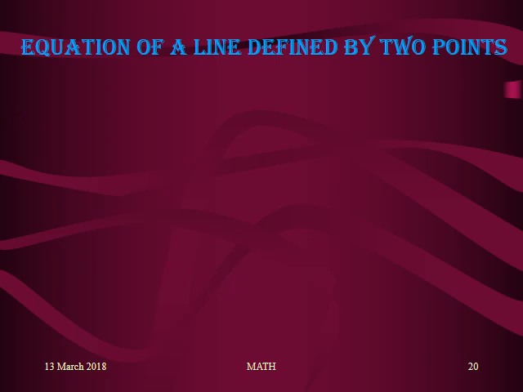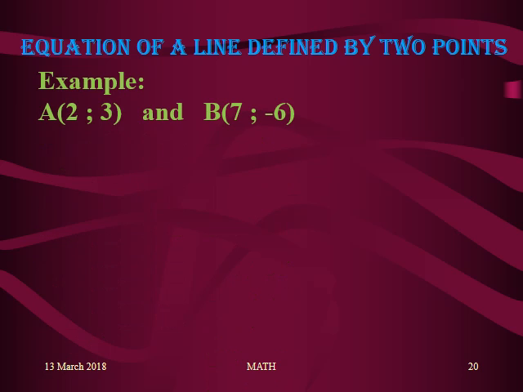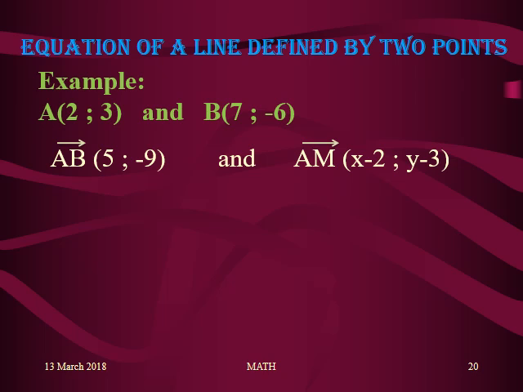To find the equation of a line defined by two points, first find a vector AB, then a vector AM. AB is xB minus xA, yB minus yA, which equals 5, minus 9, and AM is x minus 2, y minus 3. Then xAM over xAB equals yAM over yAB.